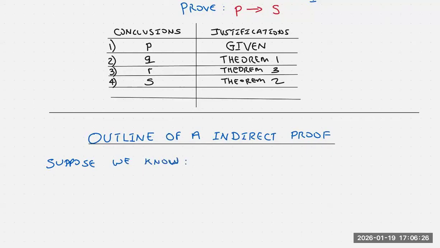We know that Theorem 1 tells us that R implies not P. Theorem 2 tells us that S implies not P.